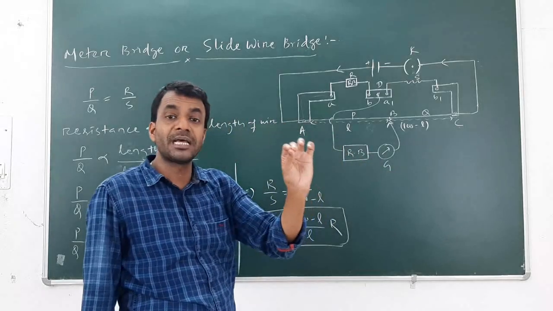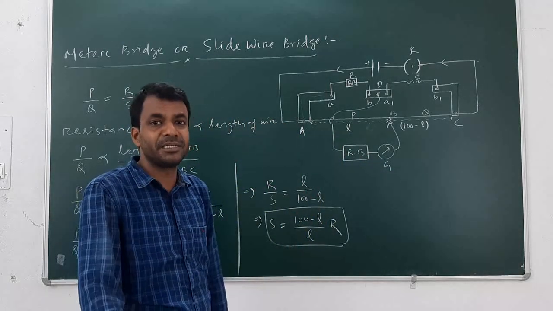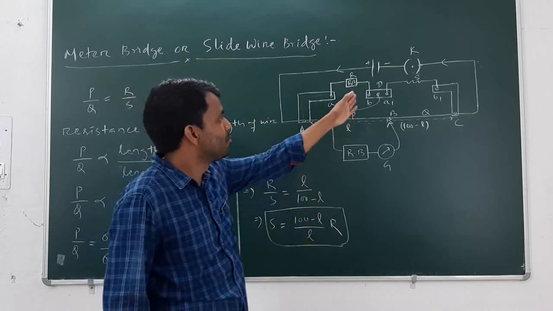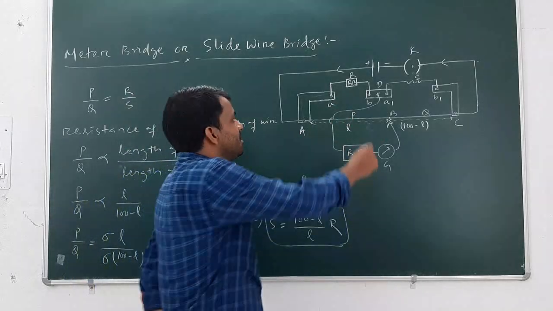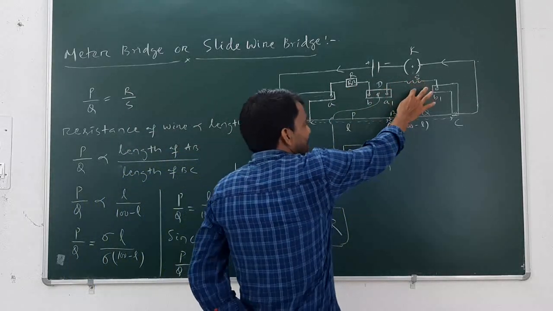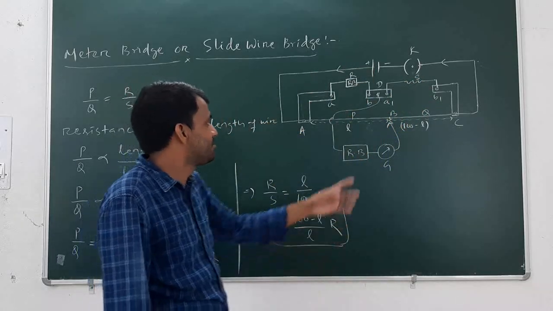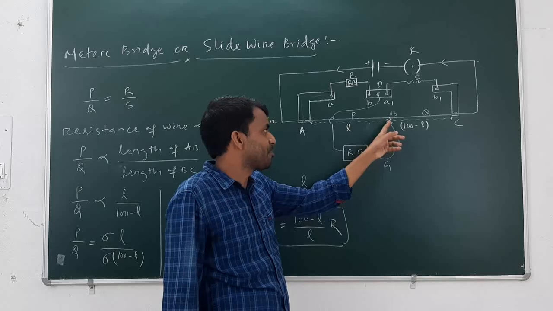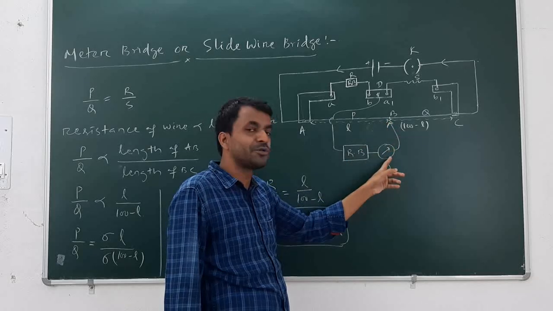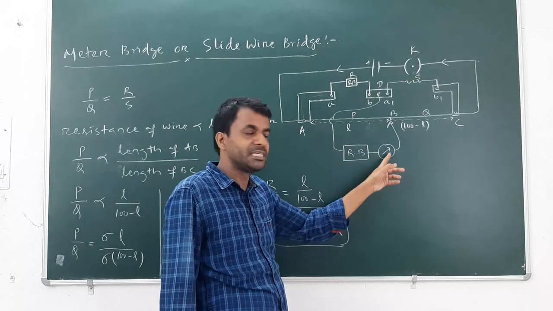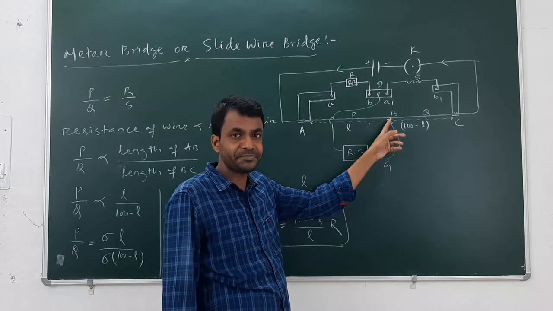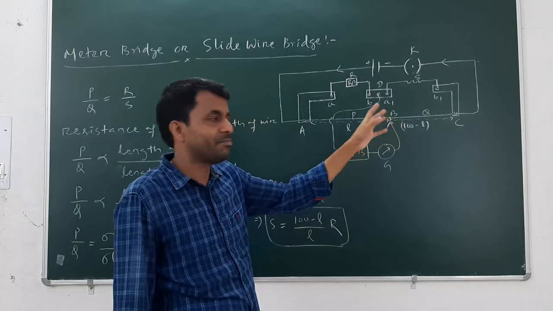This point is known as the balance point, the balancing condition, just like the Wheatstone bridge. This is one resistance, this is another resistance, and the galvanometer is connected between the two terminals. At this point D the galvanometer shows no deflection, so this is known as the null point.